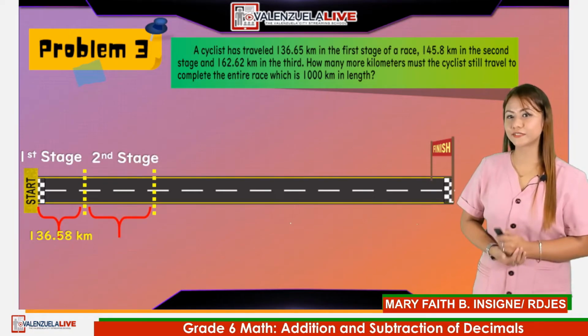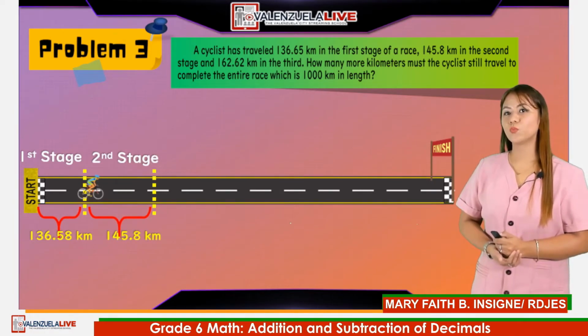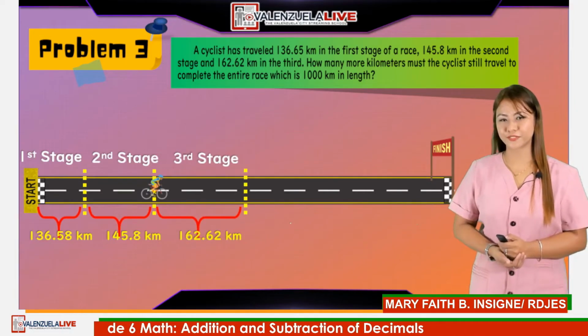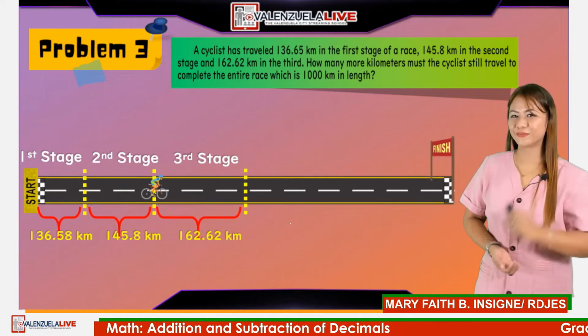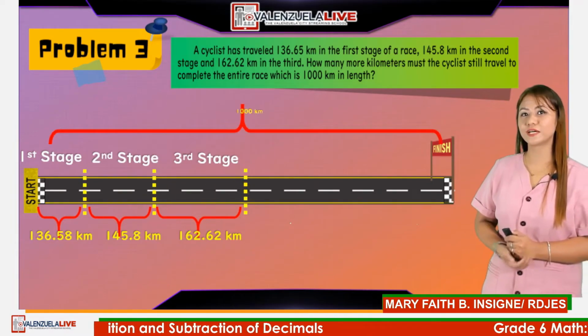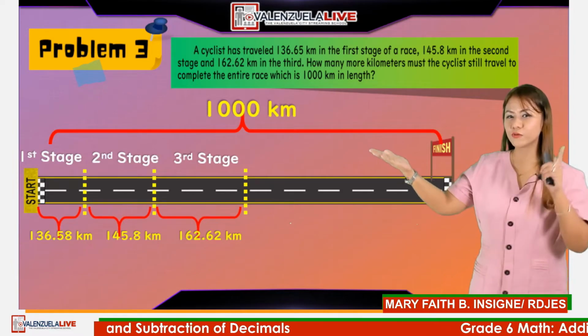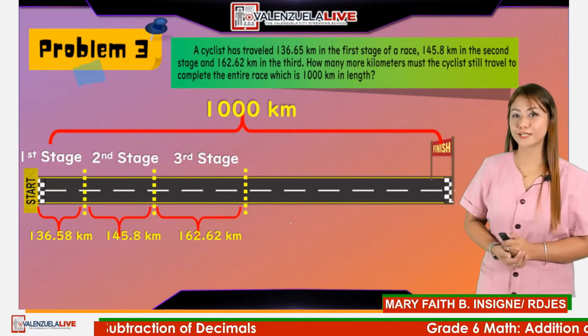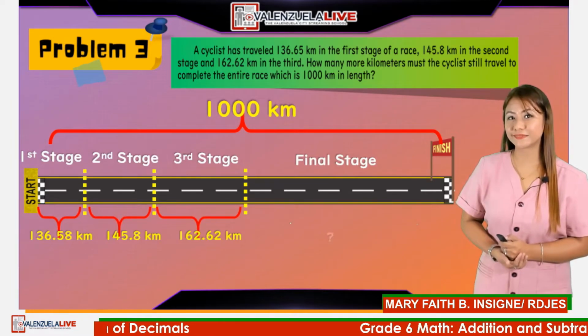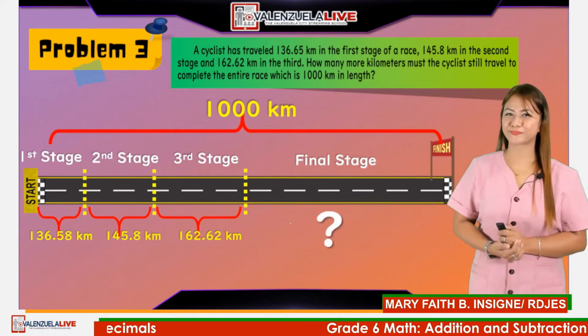And on the third stage, we have 162 and 62 hundredths kilometers. Now, if the total distance of the race is 1,000 kilometers, we will find out how many more kilometers must the cyclist still travel to complete the entire race.